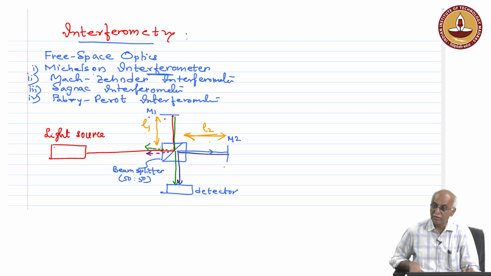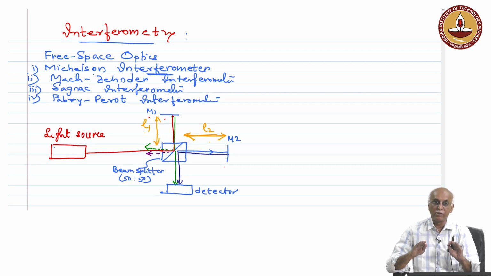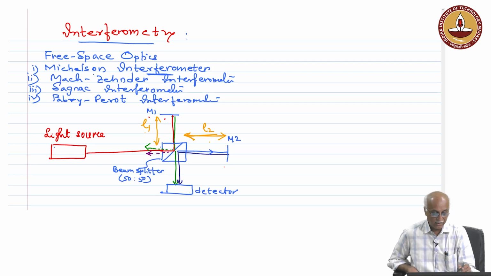When they return over here, they will remain in the same phase as before the beam split. So in terms of electric field amplitude, they will add up, isn't it? Because both waves have the same phase, they will add up.